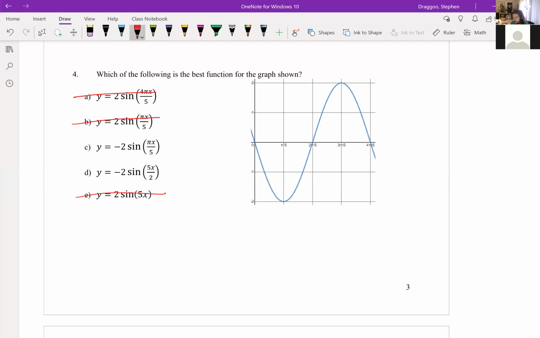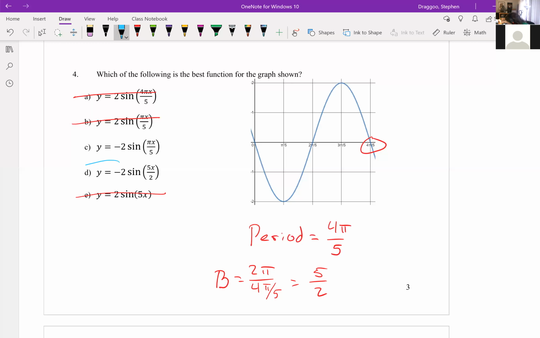Pi over 5 or 5 over 2. So it looks like our period is 4 pi over 5, which means that B is 2 pi divided by 4 pi over 5, which simplifies to 5 over 2. So D.